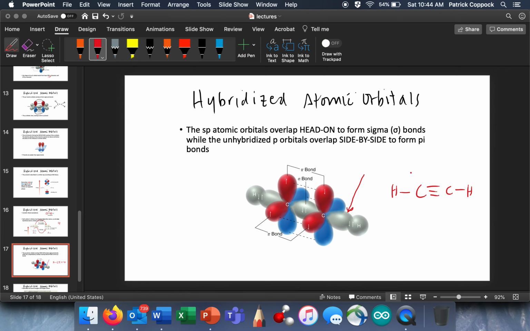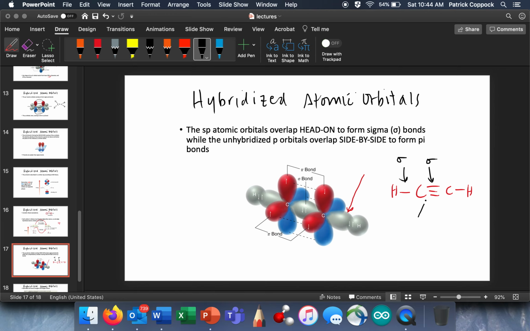This carbon is going to make one sigma bond. Let me make this in black here. That's a sigma bond, and that's the end-to-end overlap right there with the hydrogen. And it's going to make another sigma bond here, and that's that end-to-end overlap.